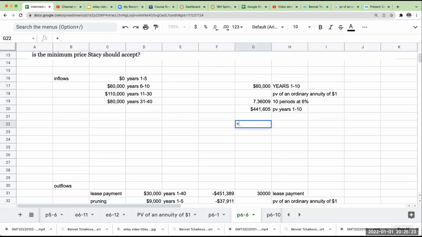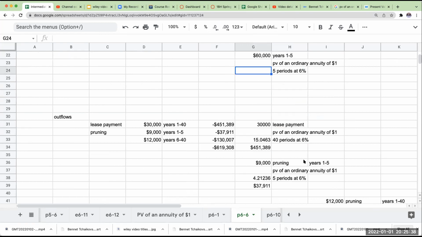So what I'm going to do is I'm going to deduct out years 1 through 5, present value of an ordinary annuity of $1, 5 periods at 6%. Oh, there we go. Go ahead and do this. Leaves 4.21236.